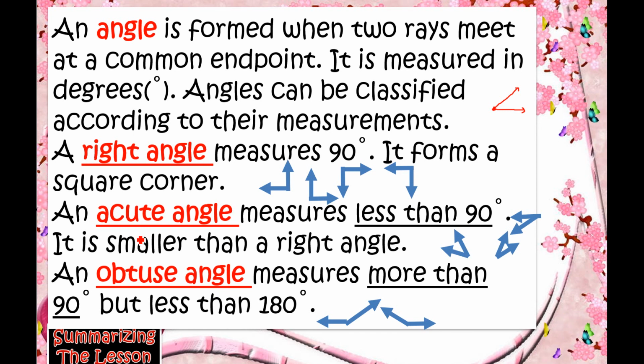The smallest among the angles is the acute. Just with the term acute angle, it means small. And remember, the biggest or the largest angle is the obtuse, which is more than 90 degrees.